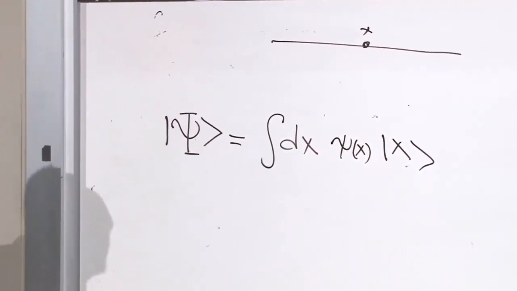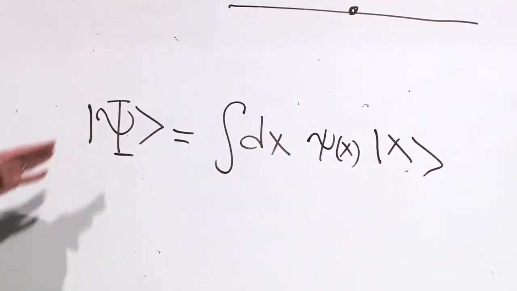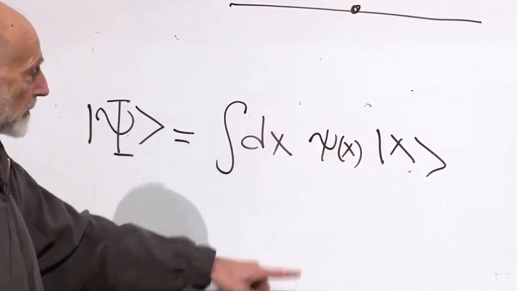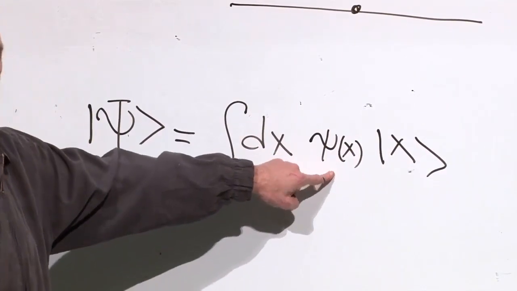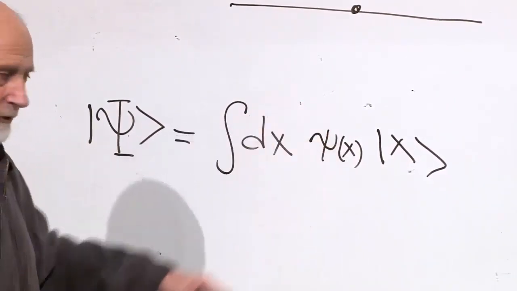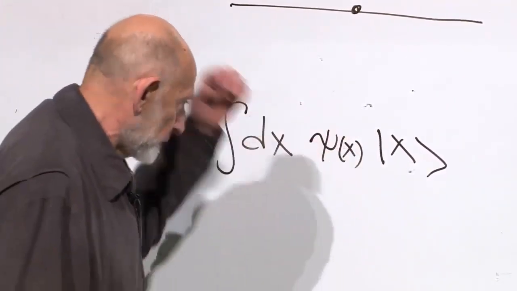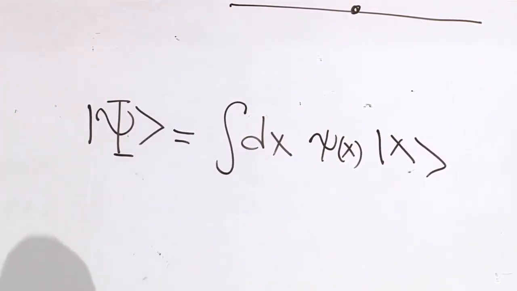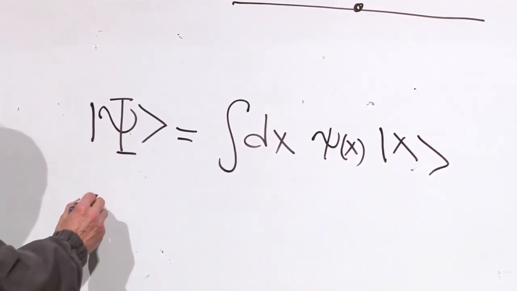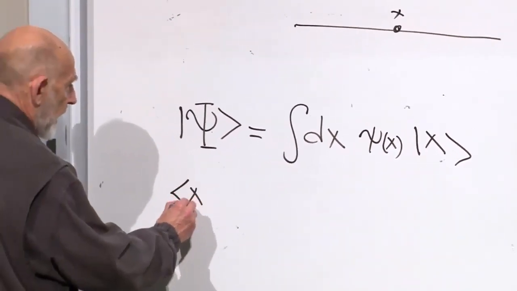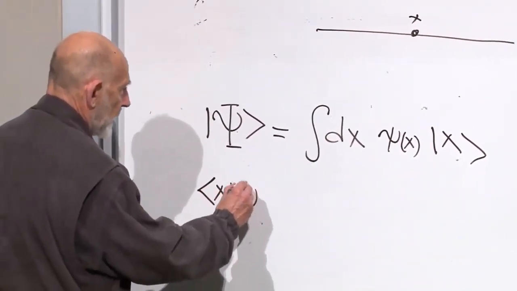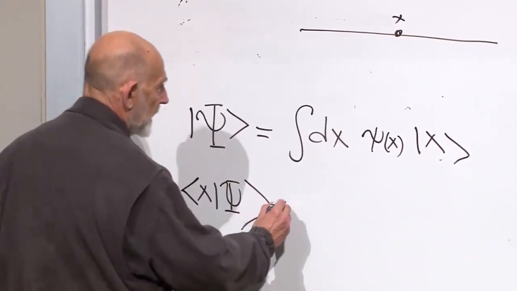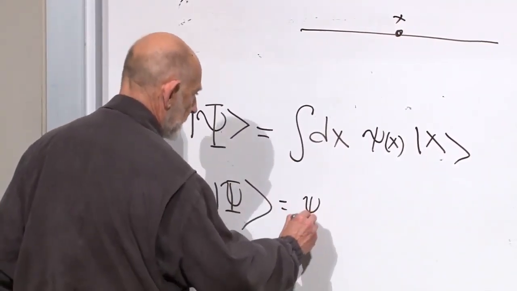This is completely analogous to what we've done in the past, where we've taken an arbitrary vector and expanded it in terms of eigenvectors of something. And these are the coefficients here, and we call these things the wave function. And in fact, they are given by the inner product of the eigenvector x with the state psi, that is psi of x.